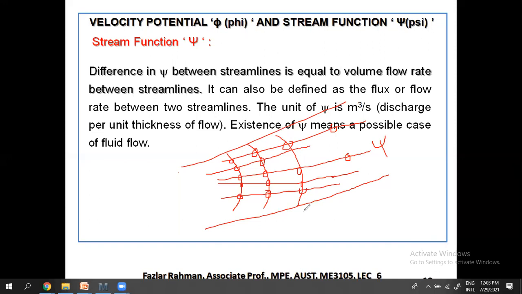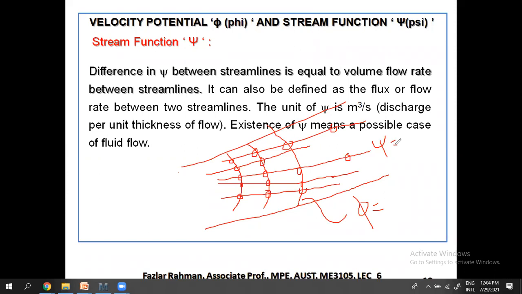Velocity magnitude will be the same along all the locations. So how will we figure out this line? This line is phi. So if I know the equation of phi and the equation of psi, then I can plot it. Then you can see the nature of the flow.